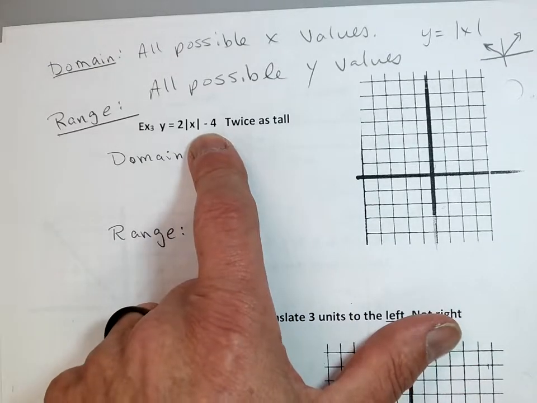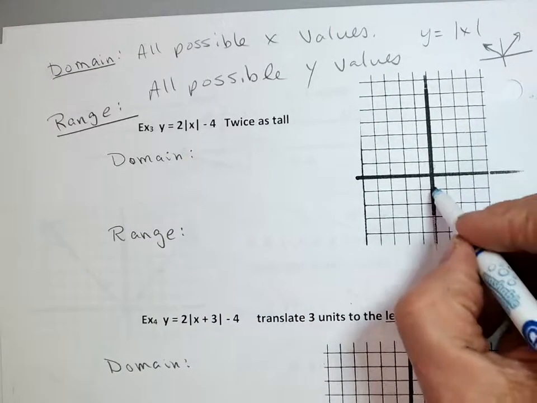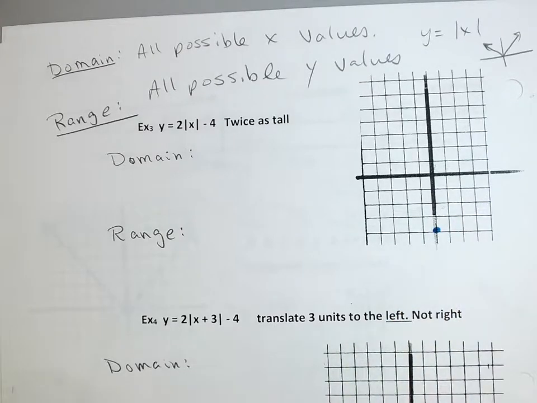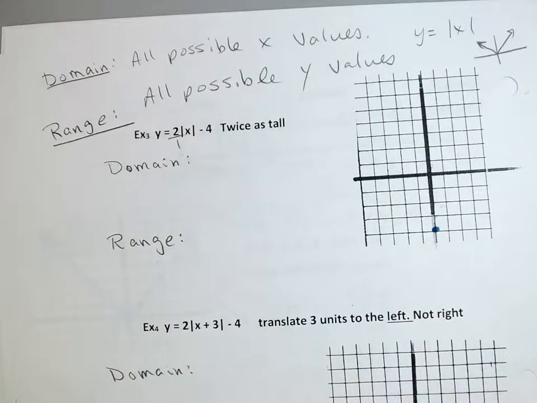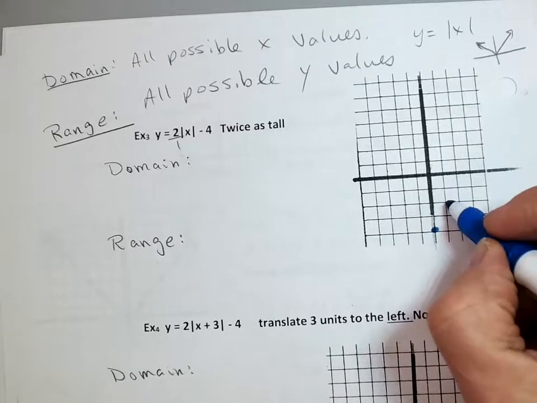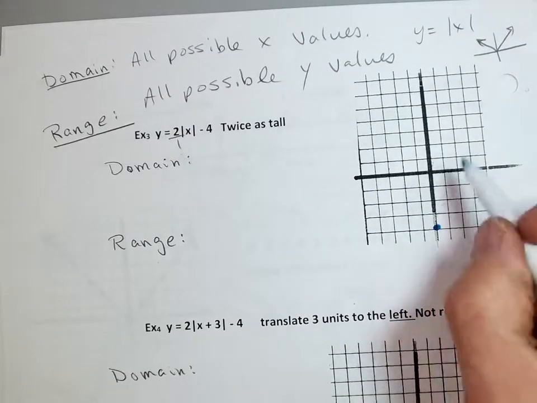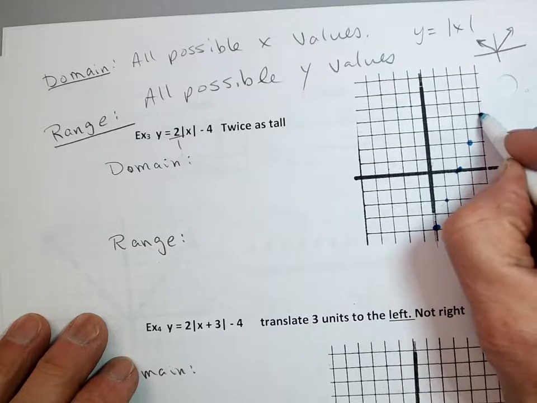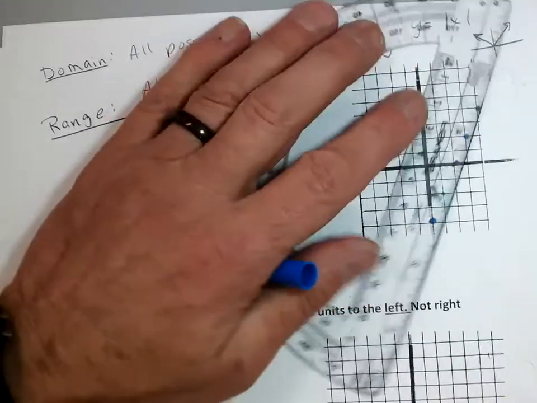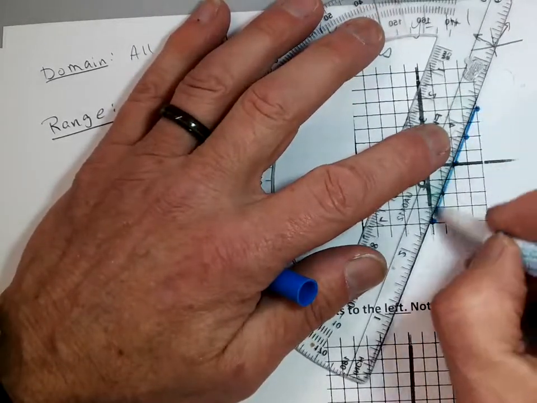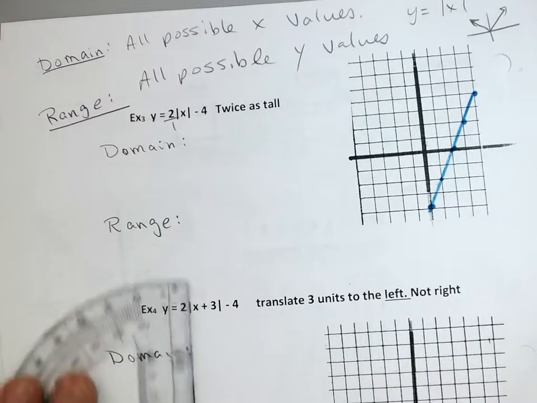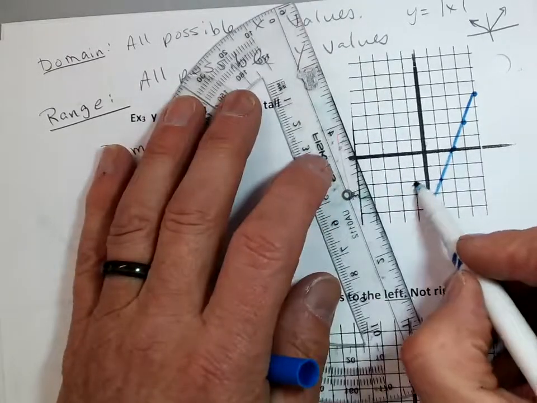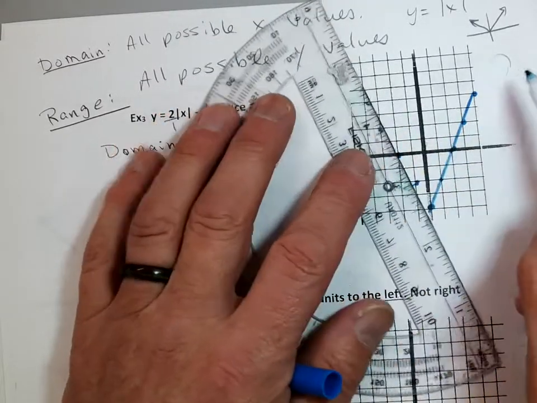So we're going to slide it down to -4. 1, 2, 3, 4. And instead of going up 1 over 1, up 1 over 1, think of this as a slope of 2 over 1. So it's going to go up 2 over 1, up 2 over 1, up 2 over 1, up 2 over 1. Okay. And we also know that on the other side, its negative values have to also go up. So it's still the v, but it's the v that's twice as tall. Up 2 over 1, okay?